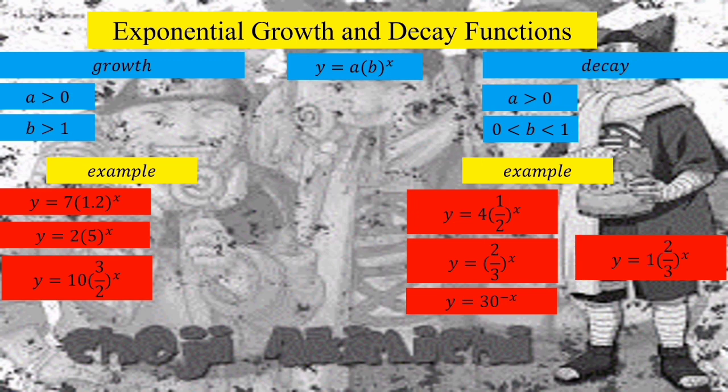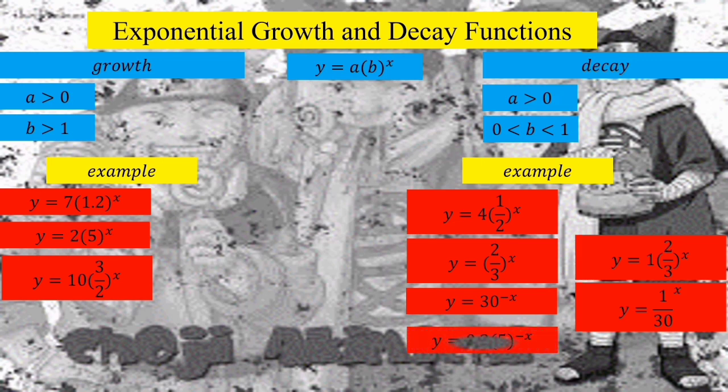Y is equal to 30 raised to the power of negative x. Kung i-reform natin siya, magiging y is equal to 1 over 30 raised to the power of x. Kaya decay pa rin siya. How about y is equal to 0.2 times 5 raised to the power of negative x.